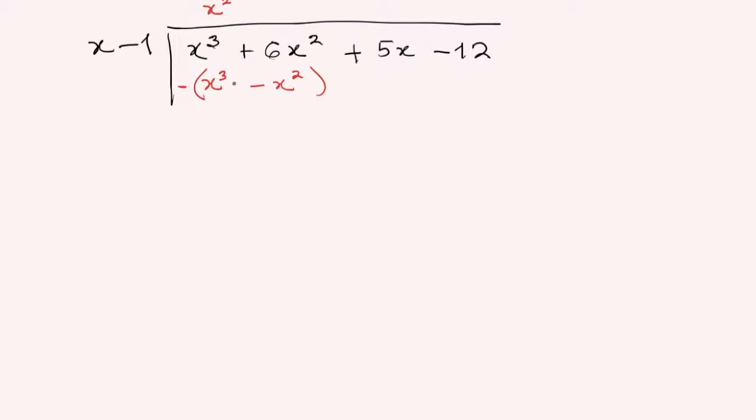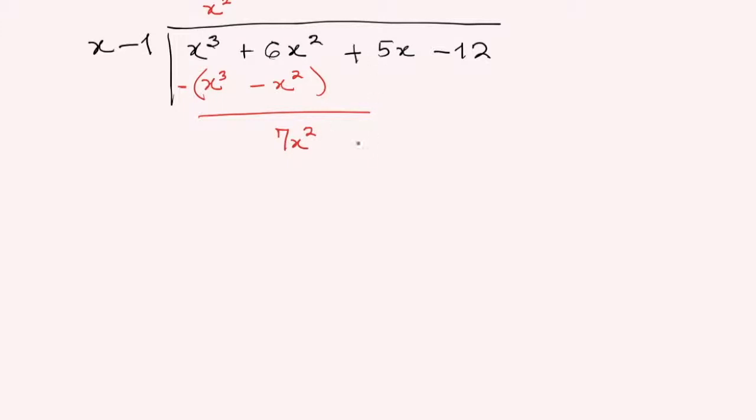So we subtract everything here. x cubed minus x cubed cancels out, and minus times minus is plus, so this becomes 6x squared plus x squared, and that's 7x squared.